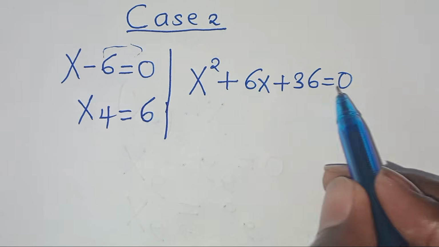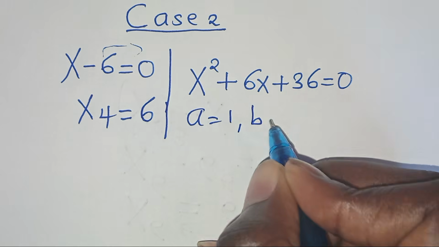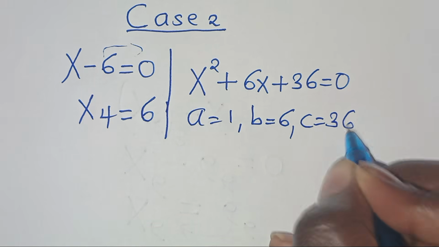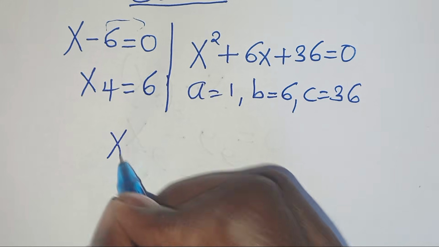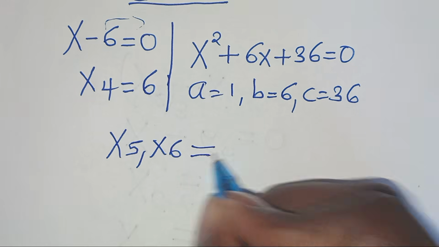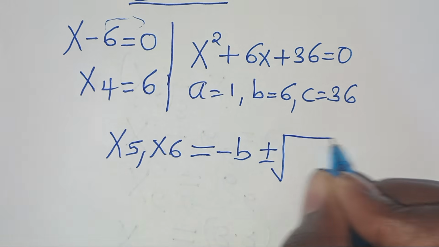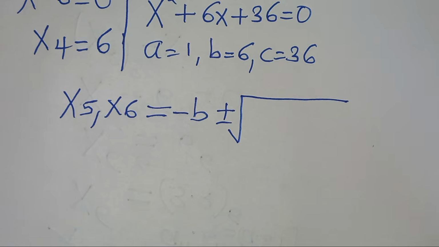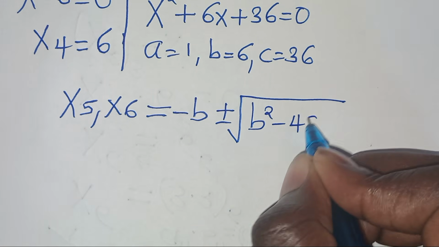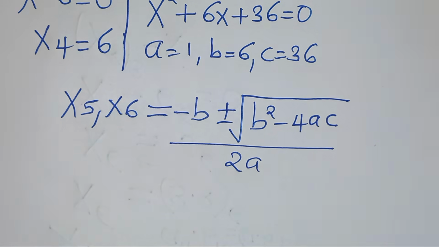Now we have the quadratic equation here, where we have a is equal to 1, b is equal to 6, and c is equal to 36. So we can solve for x5, x6 by applying the quadratic formula here, which is minus b plus or minus the square root of b squared subtract 4ac divided by 2 times a.